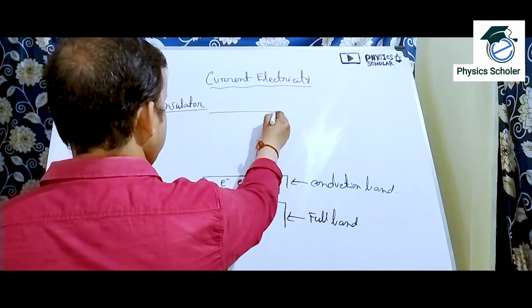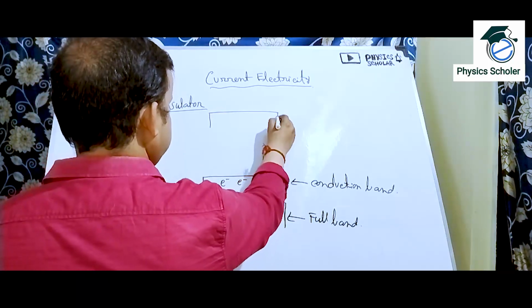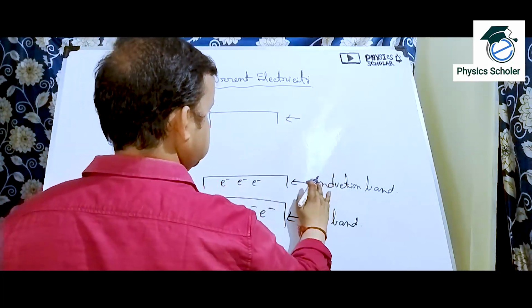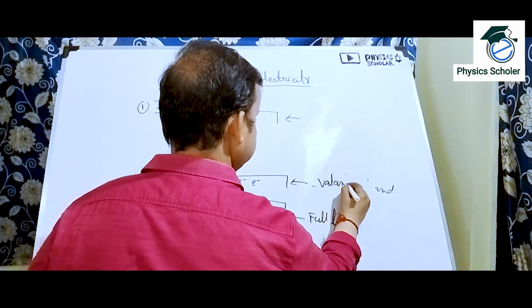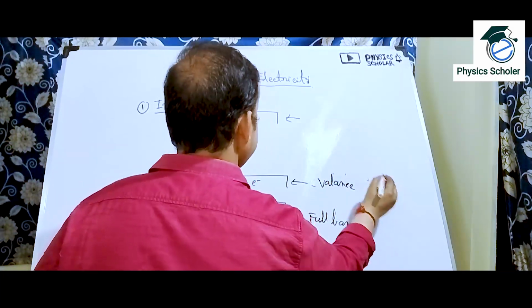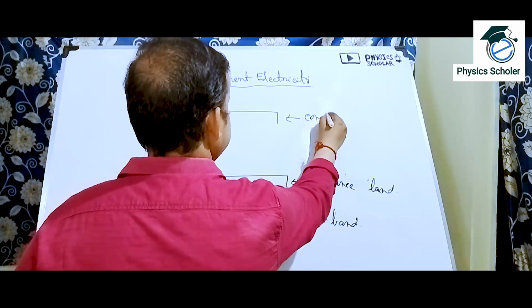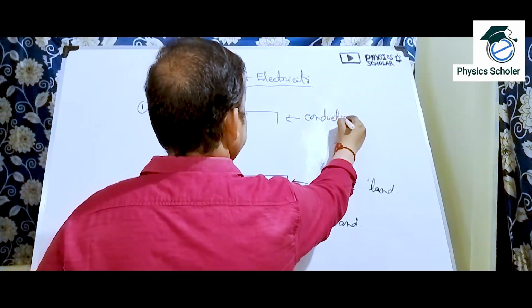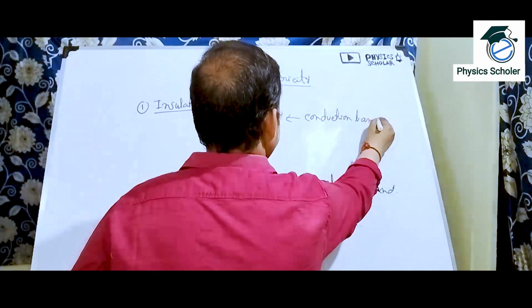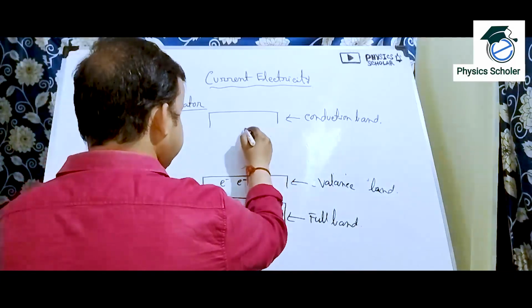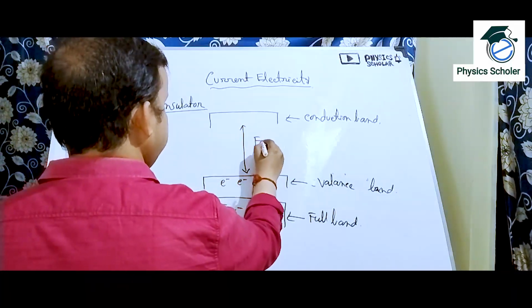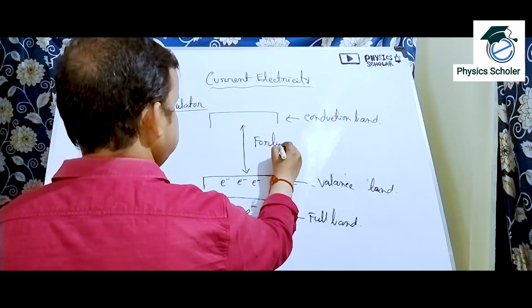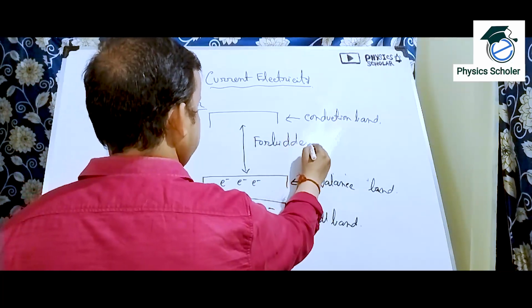The energy gap between the valence band and the conduction band is known as the forbidden gap.